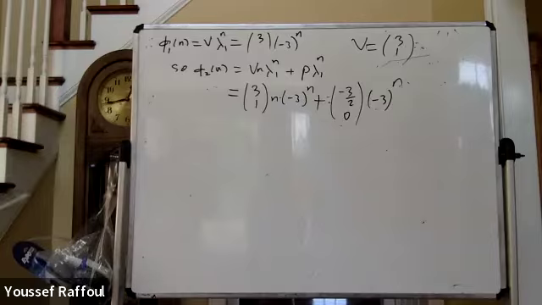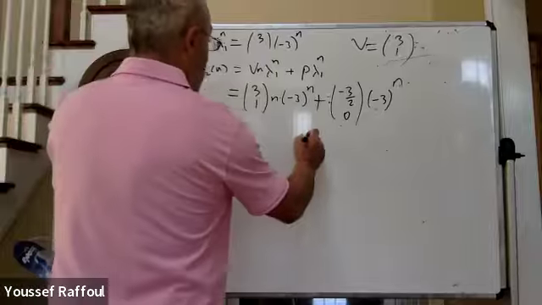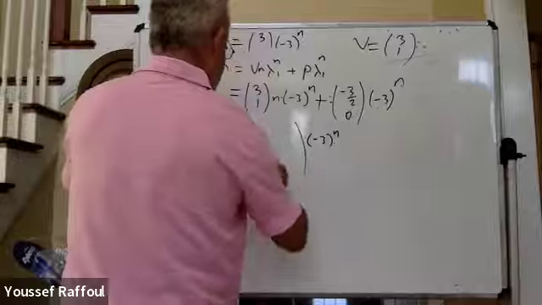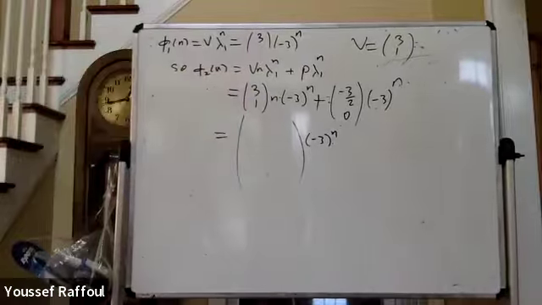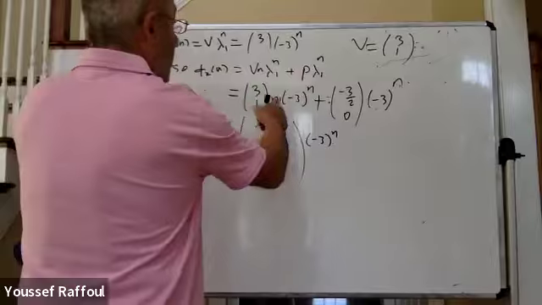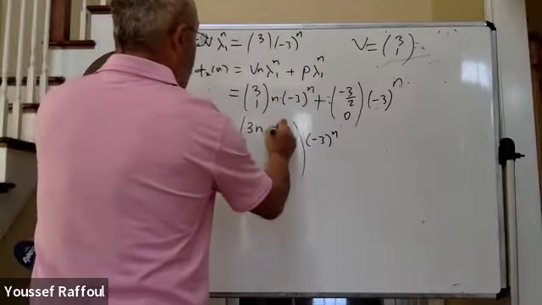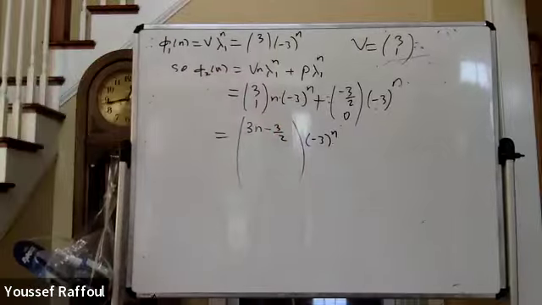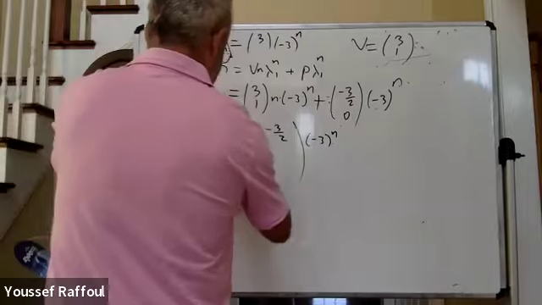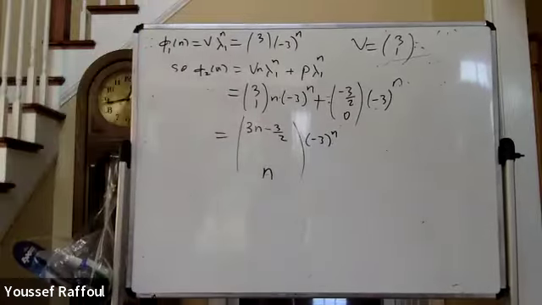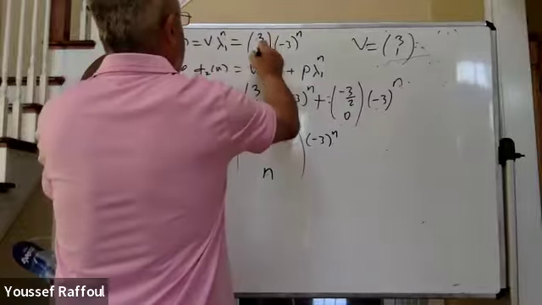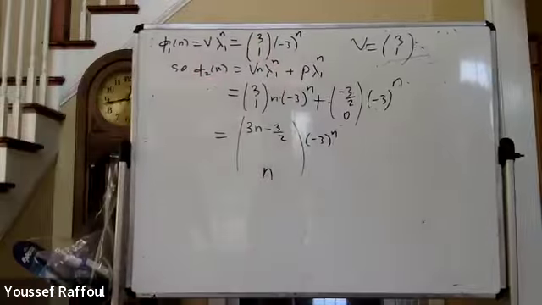All right, so what do we have here? If I factor -3 to the n, what do I have? I'll have 3n minus 3.5, and I have n. There we go. All right.